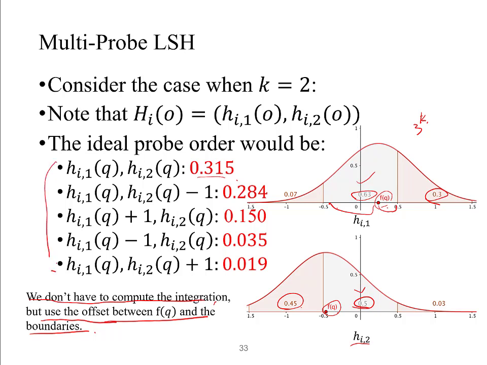The reason here is straightforward, right? Because the integration of this part is closely related to the distance or the offset between Q and its boundary. All right. So we won't discuss more on that topic.